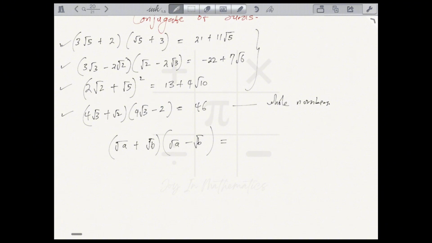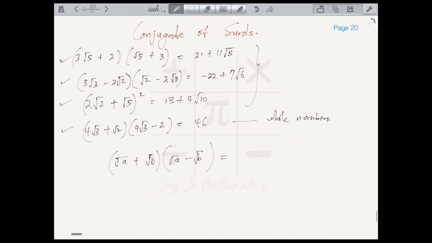So if we go ahead and perform the multiplication, we have root a multiplied by root a minus root b, plus root b multiplied by root a minus root b. Therefore this will give us root a squared minus root ab plus root ab minus root b squared.